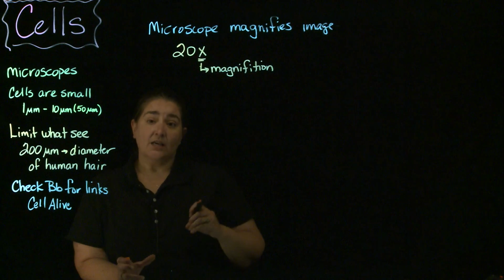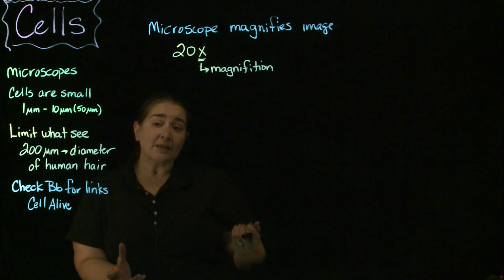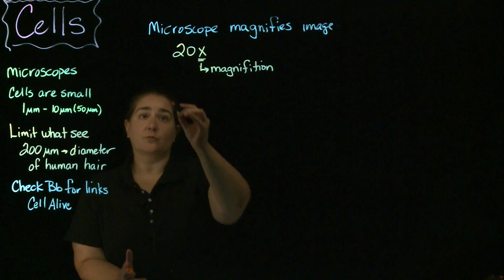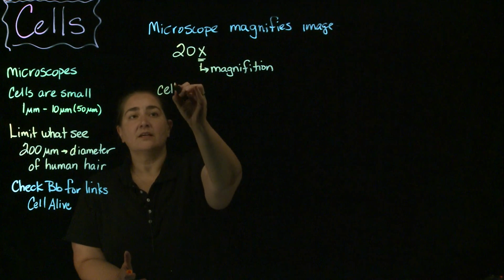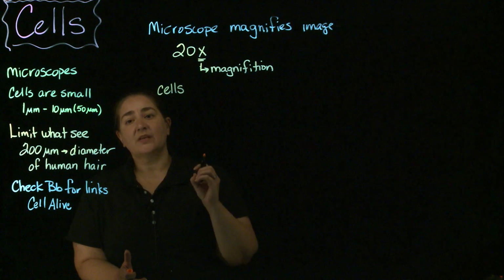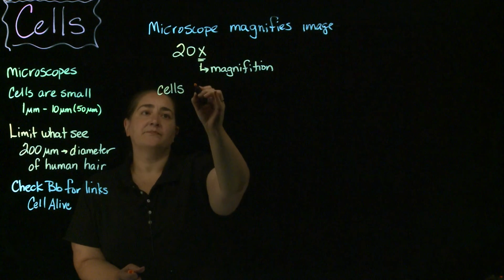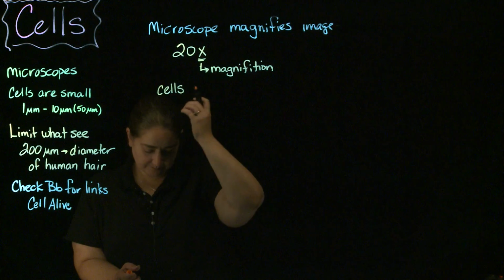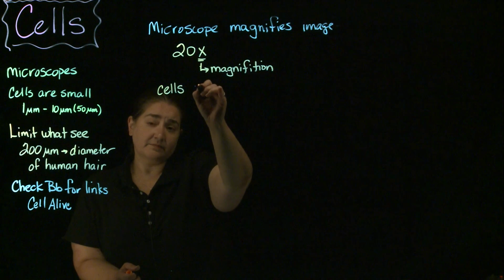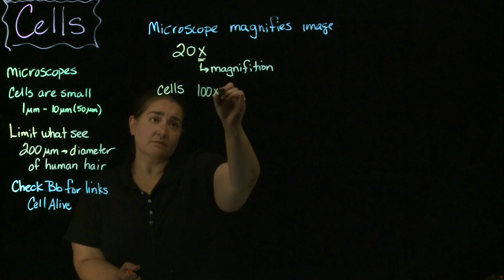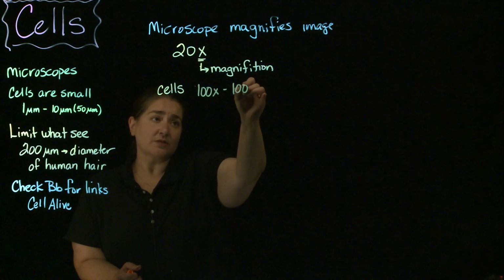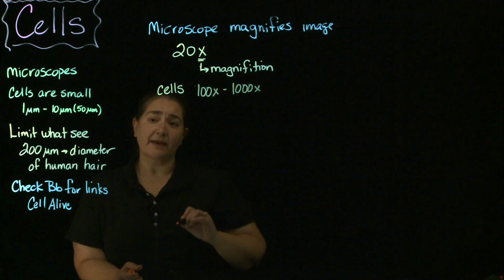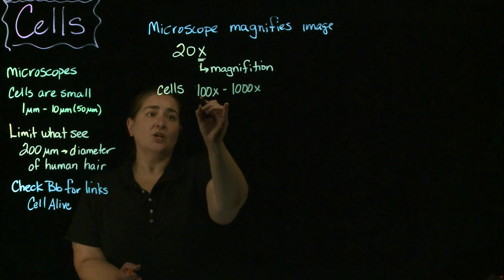All right? When you look through a typical light microscope, you're going to be able to visualize cells anywhere from 100x to 1000x magnification. All right?